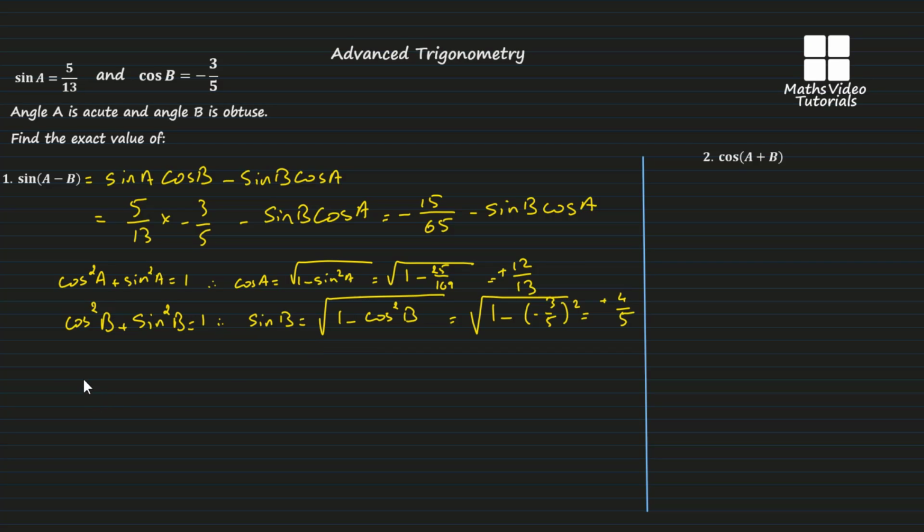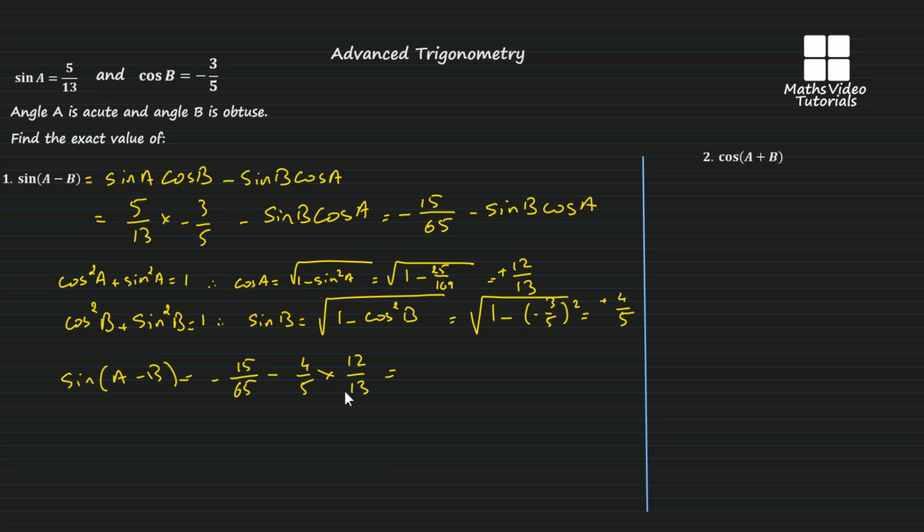So we have so far sine (A minus B) is equal to negative 15 over 65, and subtract sine B, which is 4 over 5, times cos A, which is 12 over 13.